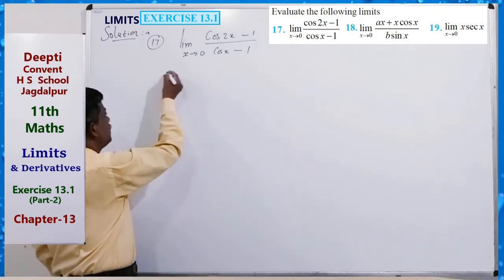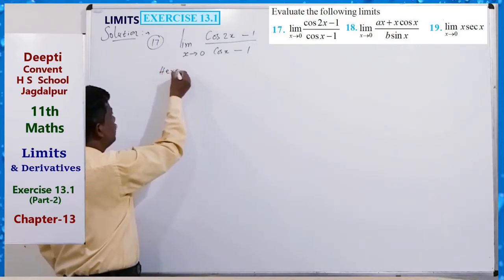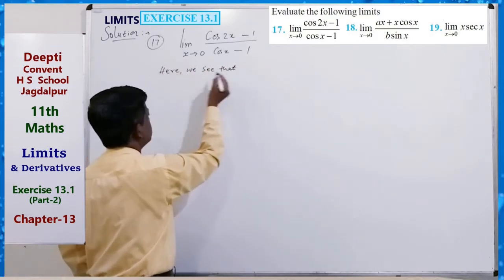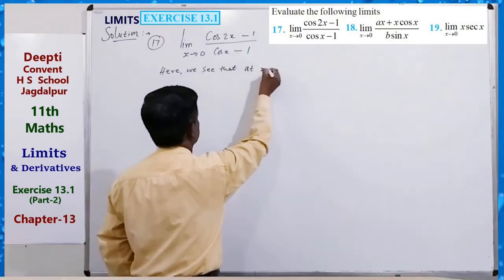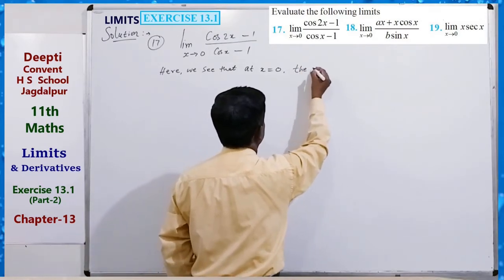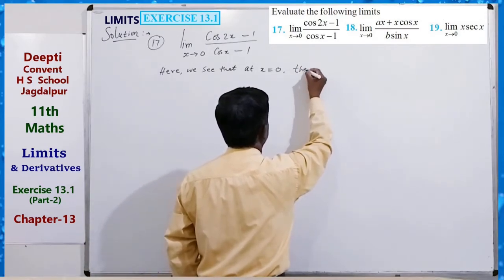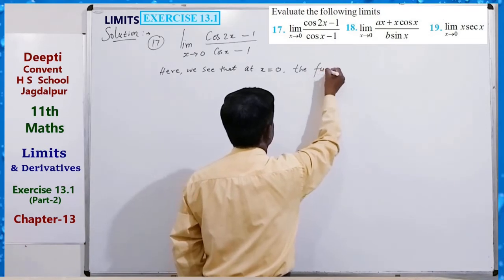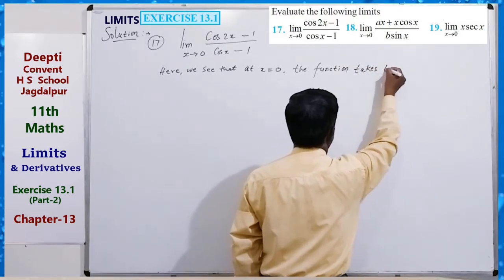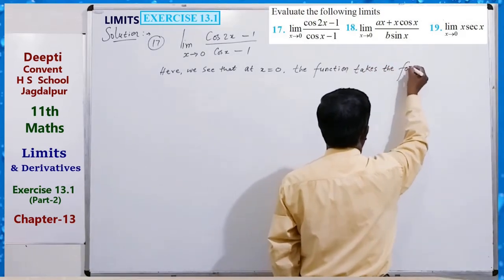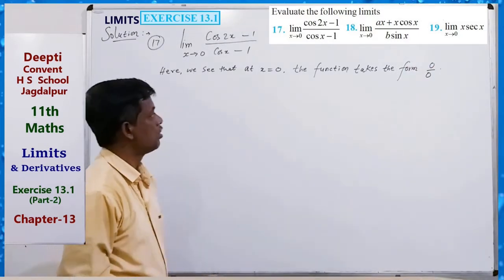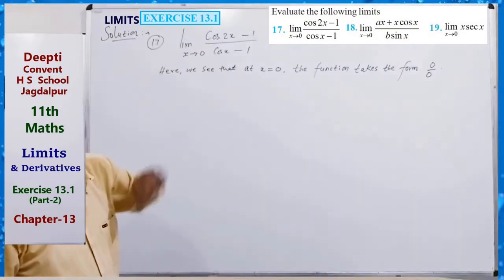So we see that at x equals 0 the function takes the 0 by 0 form.